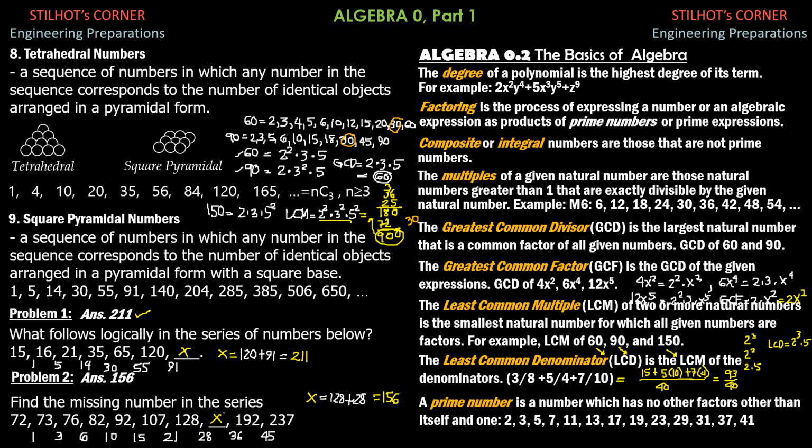Then 3, 5, 7, 11, 13, 17, 19, 23, 29, 31, 37, 41, 43, 47, 53, 59, 61, 67, 71, 73, 79, 83, 89, 97, 101, 103, 107, 109, 113, and so on and so forth.